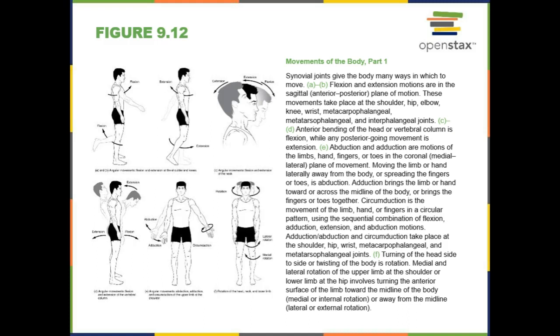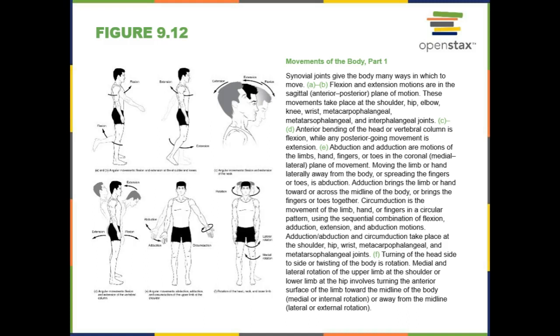The next thing we can do, circumduction I don't want to talk about yet. I want to do abduction and adduction. Abduction is moving something away from the body. So if you are abducting, you're moving your arm away from the body.